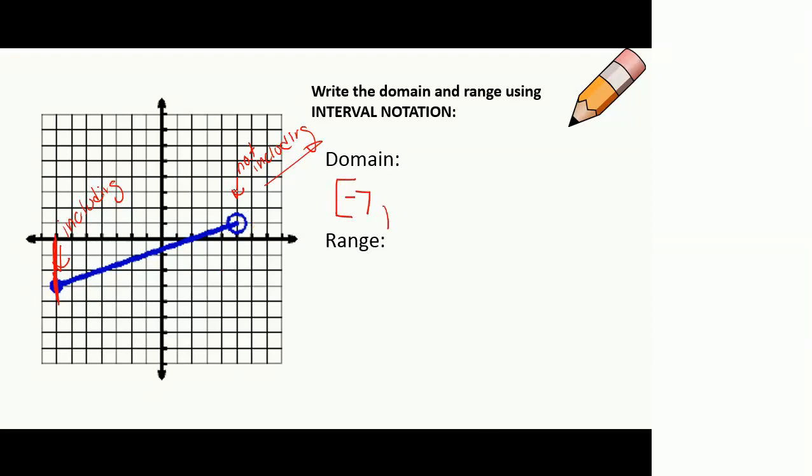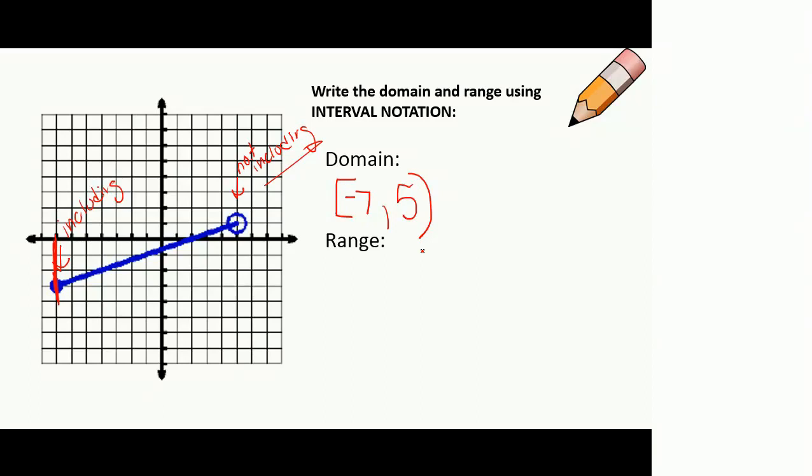We're going up to that point: 1, 2, 3, 4, 5. So I'm going to put 5, but we're not including 5 because it's an open dot. To show that it's open, we put a parenthesis, because the parenthesis is not holding on to it. It just has it right there.